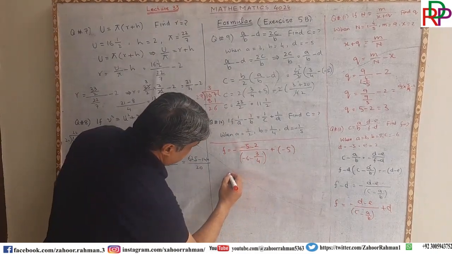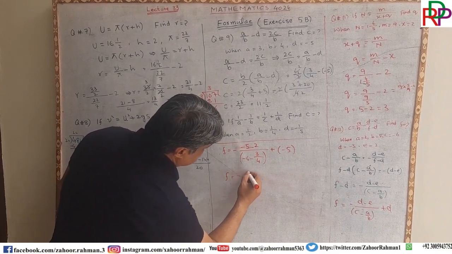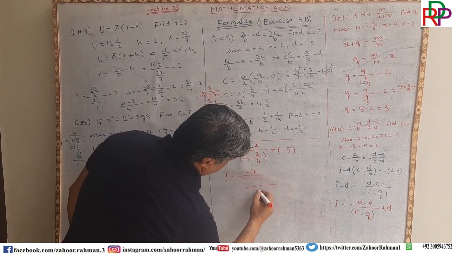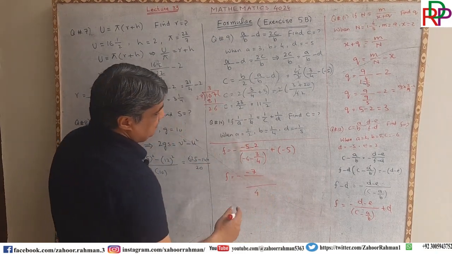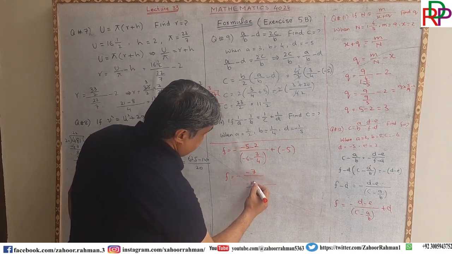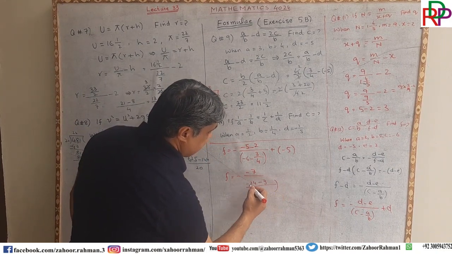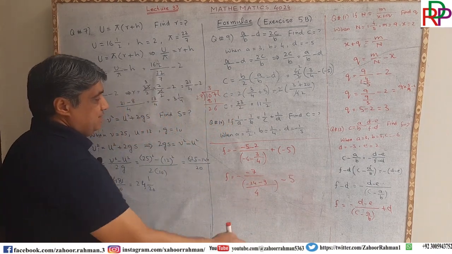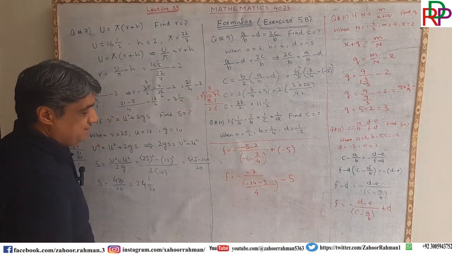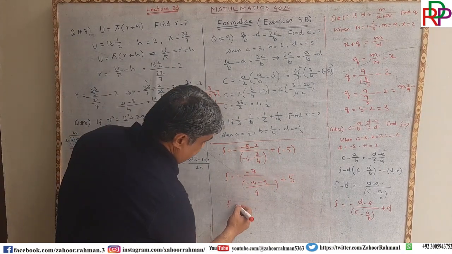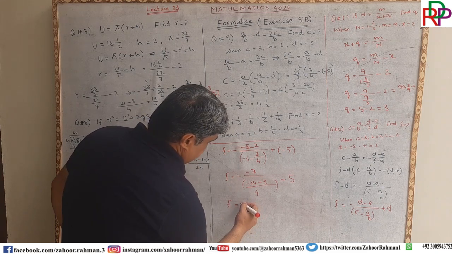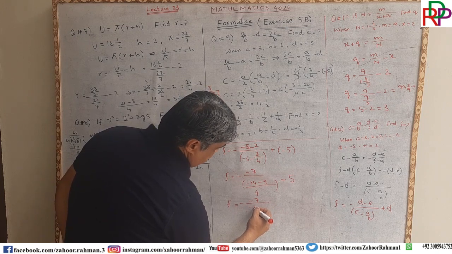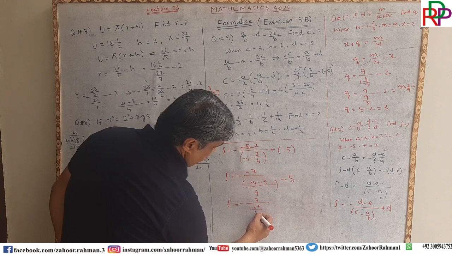Okay, so F and this minus 7, and here I have to take 4 as the LCM. So minus 24 and minus 3 and minus 5, because this minus will become plus with this one. So F is equal to minus 7 divided by minus 27 over 4.